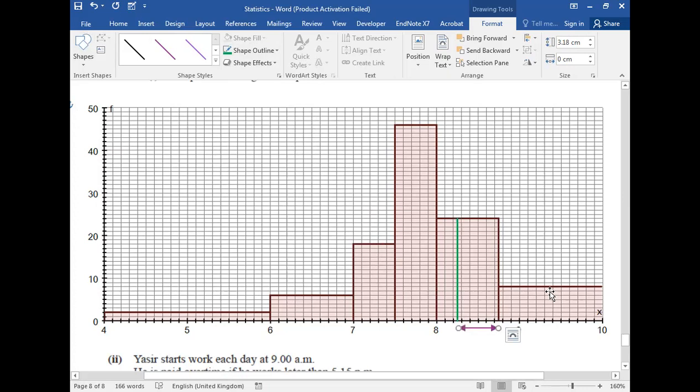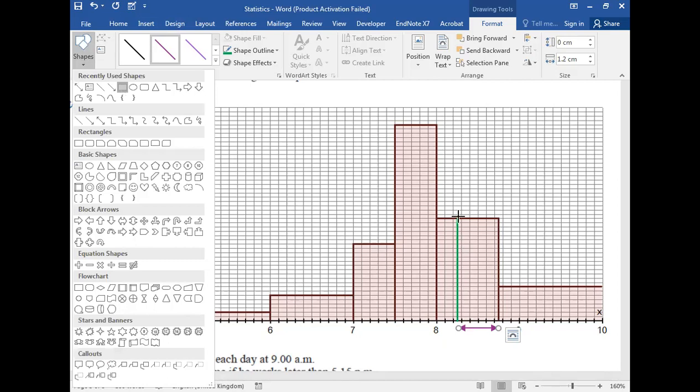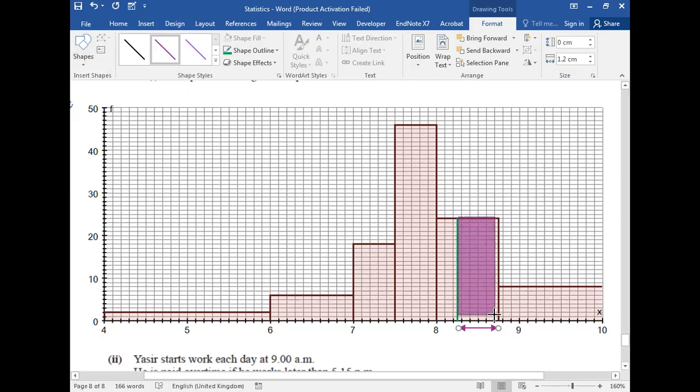Is that right? Yes, I just read 0.5, 8.75 and 8.25. The width is, and the height is, height is 24. Frequency density 24, I think. So you have found this particular area, which is telling you the frequency of this group, 8.25 to 8.75.